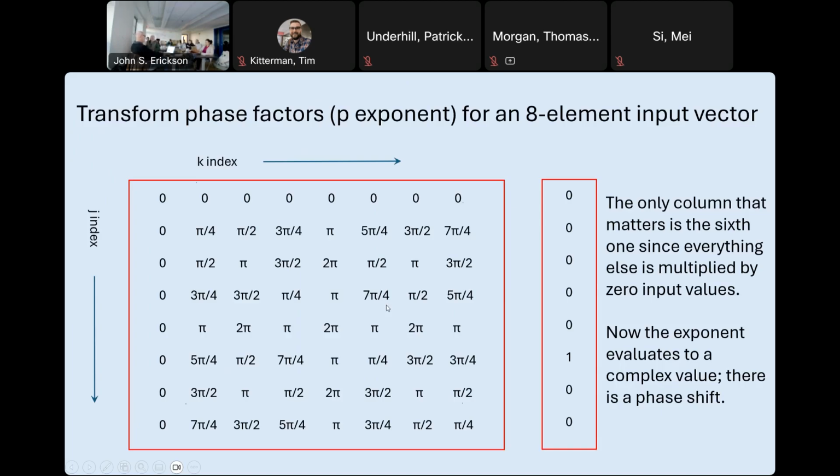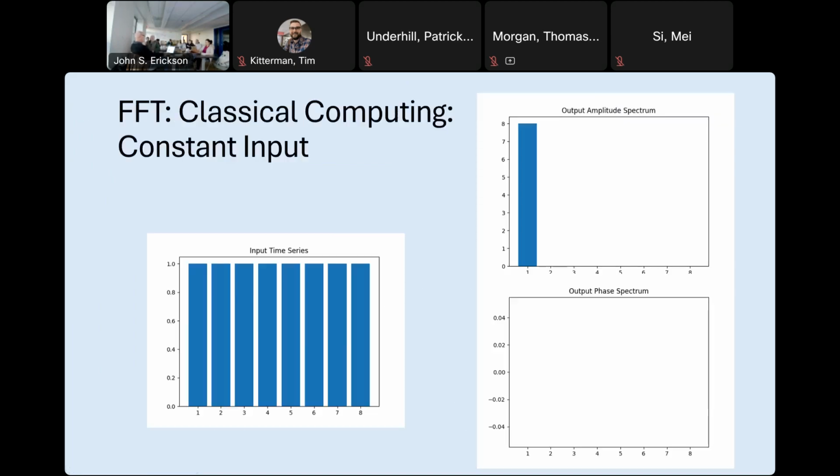So those are the tests. And here's the third thing that you do. Flat input now, and you get a spike, a single spike or delta function at the first frequency, and no phase spectrum. Okay. And what you see is that the delta function in one domain is the flat function in the other domain.